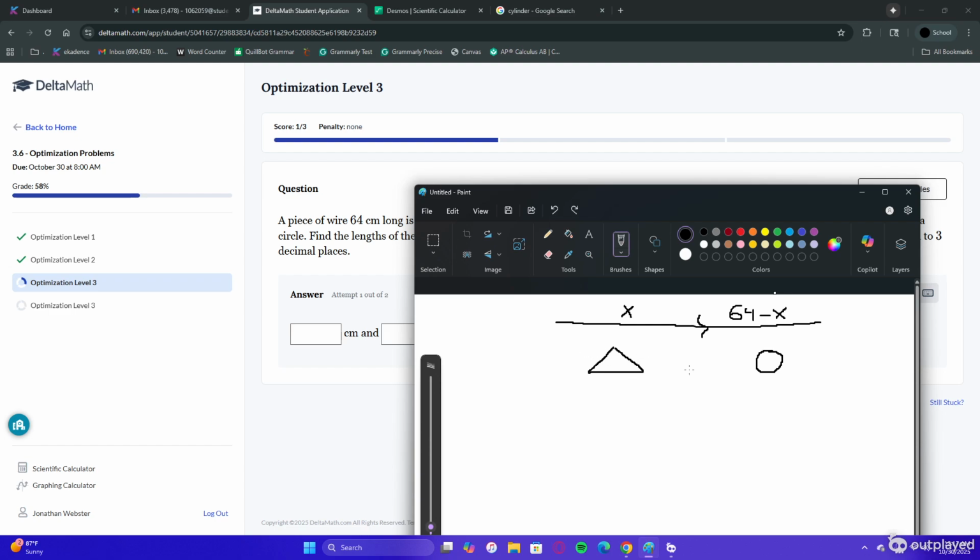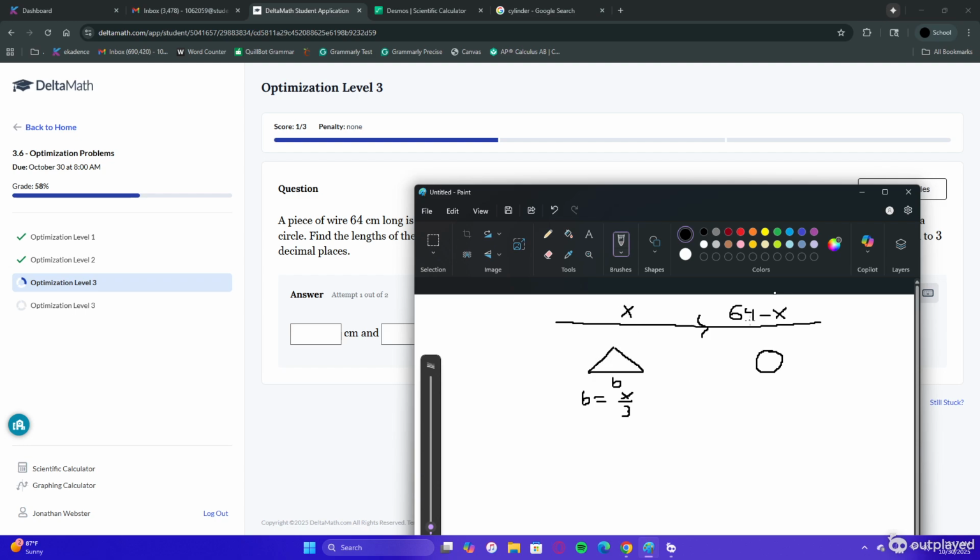So what that means is that 3b is going to equal x. We can call one side b, so b would be equal to x over 3, because 3b is equal to x.